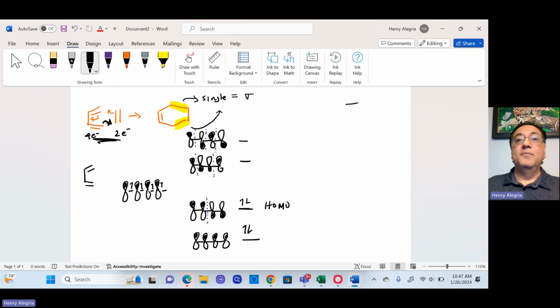Now my dienophile here, that's just two carbons that are coming to the game, right? Each one is bringing one electron. So when the waves for those two electrons try to combine, there are two possibilities. One is that you get matching, that is constructive interference. And so I'll have a molecular orbital here.